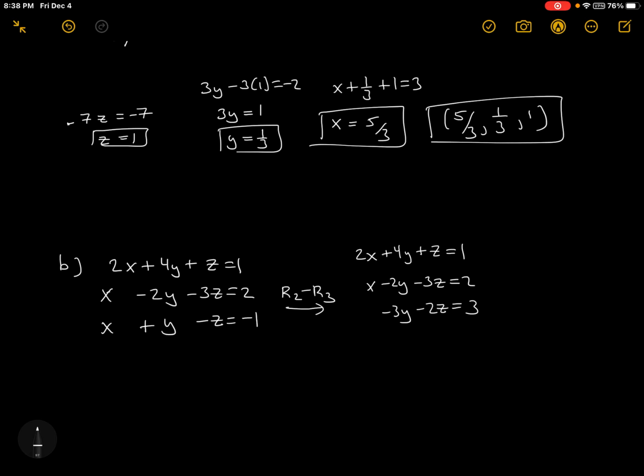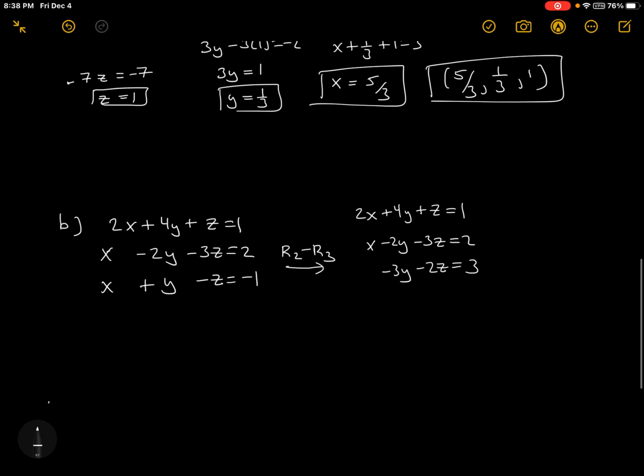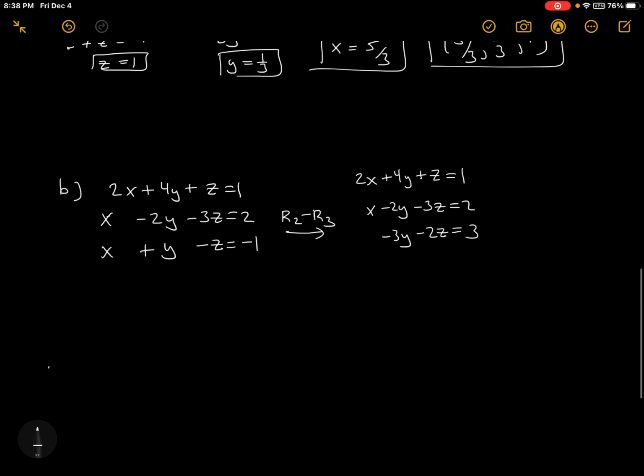All right, so I have row 2 minus row 3, right? And the next thing I want to do is get rid of that x somehow. The way I'm going to get rid of the x is to multiply equation number 2 by -2. So -2 row 2, and add it to row number 1. Over here, I'm going to have 2x plus 4y plus z is equal to 1.